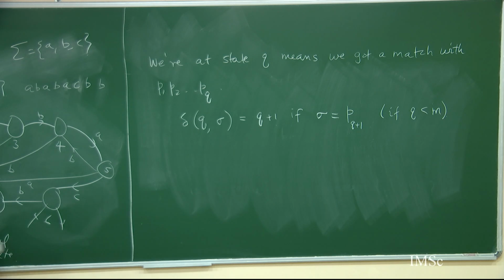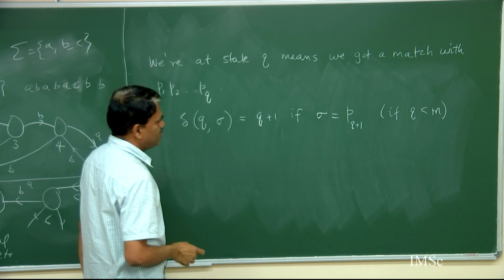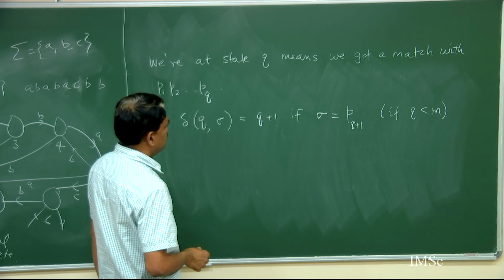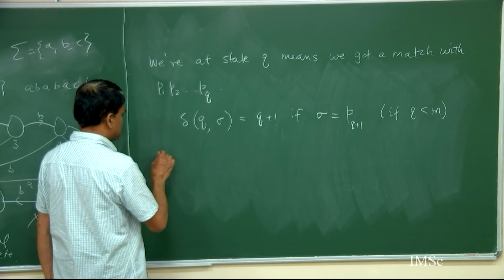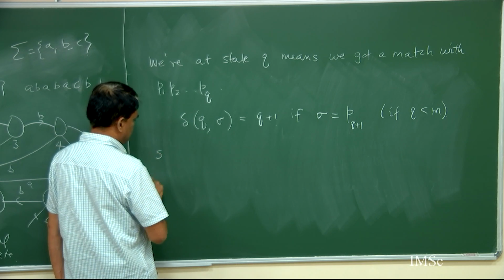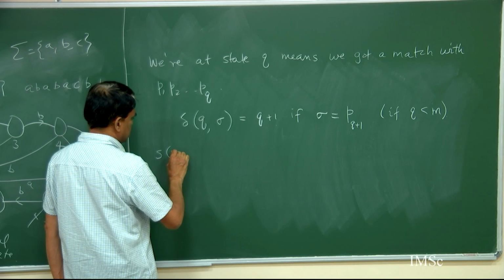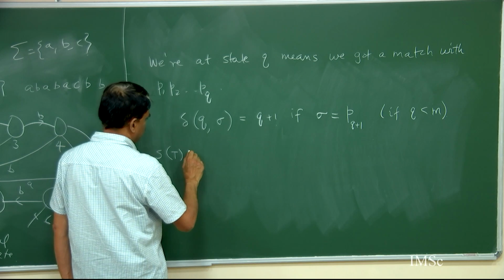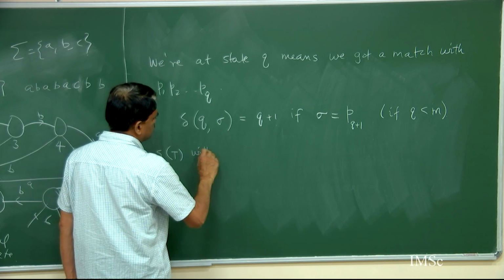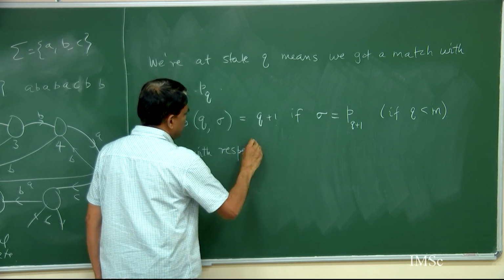So, let me define a function to help you with that. Let us call this S function. S of t with respect to a pattern P is called a suffix function.